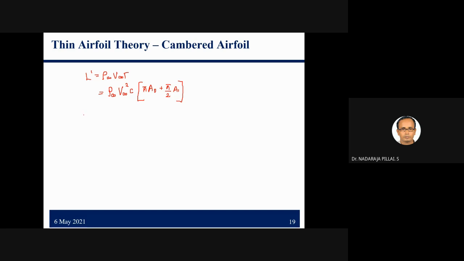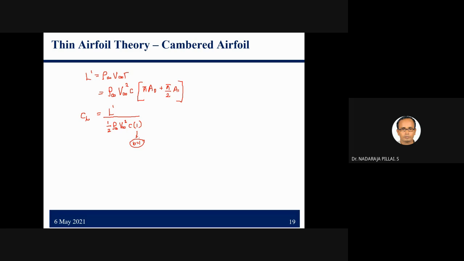One can calculate CL. So CL can be written as L dash by rho infinity V infinity square into S. I write per unit span, so C into D, that D is equal to 1.